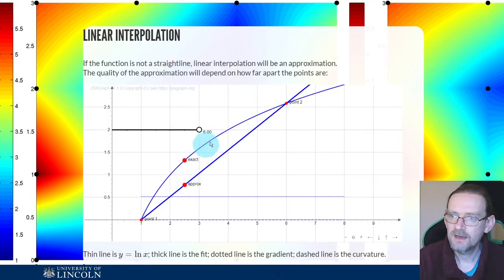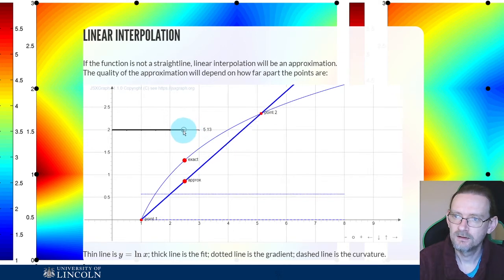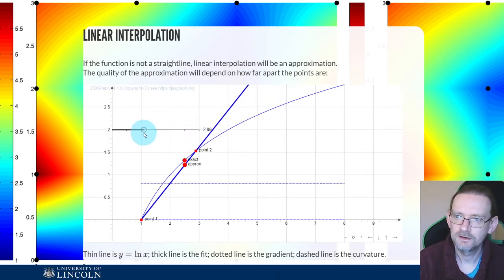Of course, if the actual data isn't a straight line, then there's going to be an error between our linear interpolation, this approximate point here, and the exact data. So the error is going to depend on how far apart the data points are, and in principle, how far the point we're looking for is from the data points.